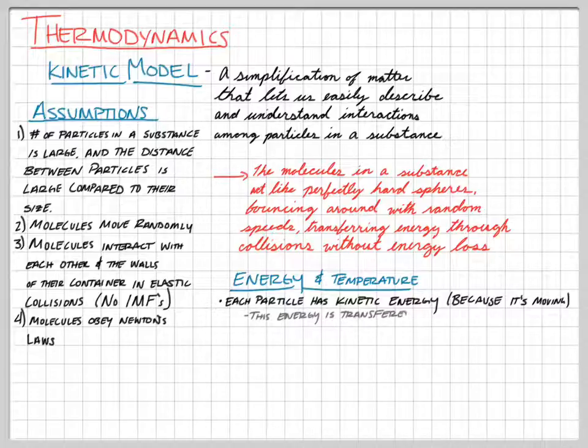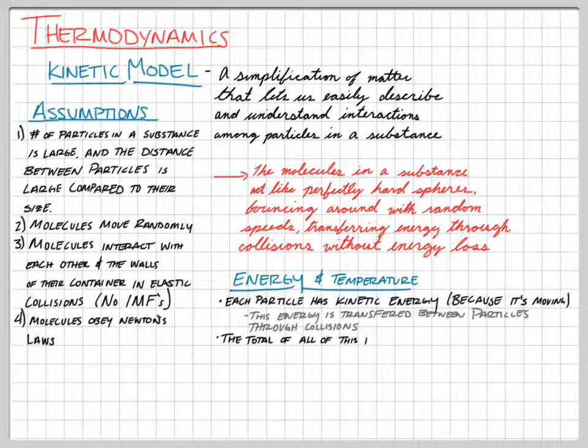Now, this energy can go from one particle to another in a collision. This energy is transferred between particles through collisions. And no energy is lost in those collisions. That has an implication. Each thing has a different velocity, so each thing has a different kinetic energy. That's all right.